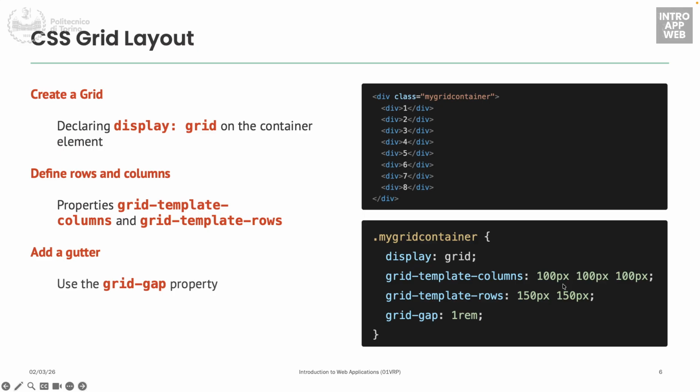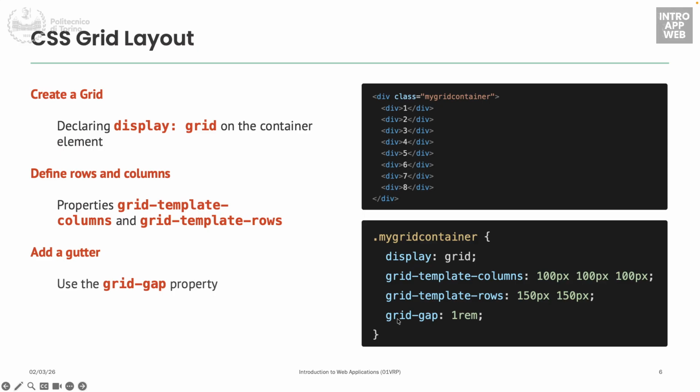How many columns will this have? 3, that are specified by indicating the width of each column. So for instance, we said we will have a first column that will occupy 100 pixels, the second one 100 pixels, and the third one 100 pixels. So 3 columns, each one of them 100 pixels. And then how many rows? 2. How do we know that there are 2 rows? Because there are 2 values associated with this property.